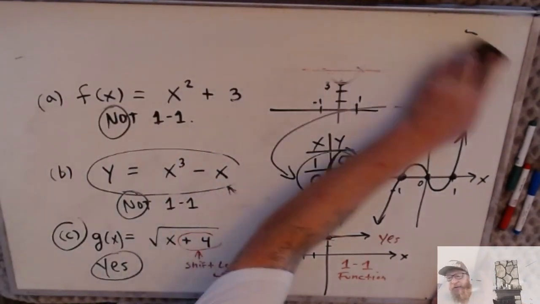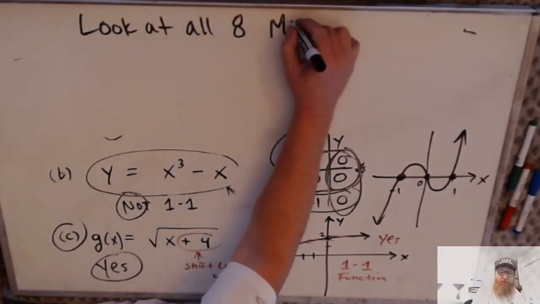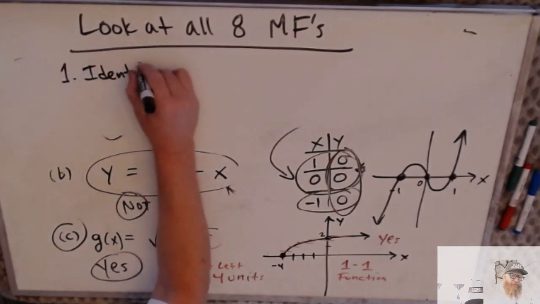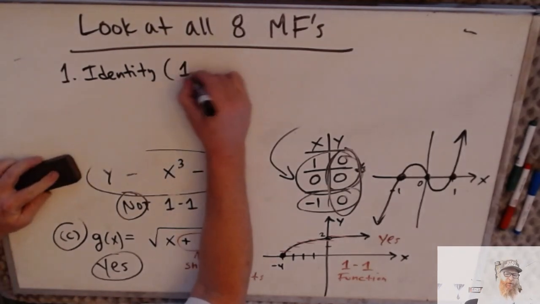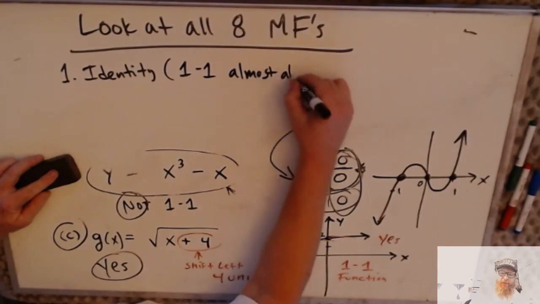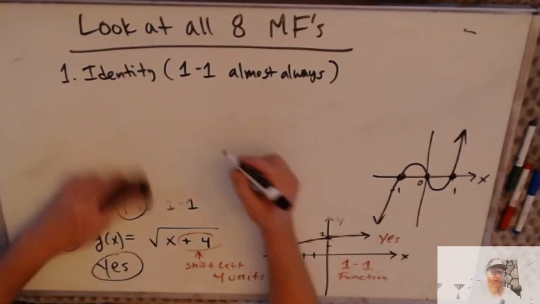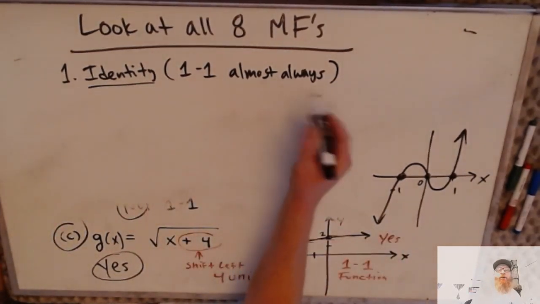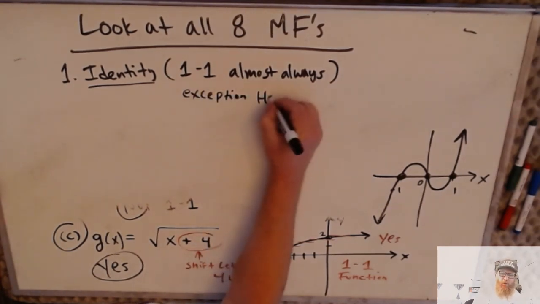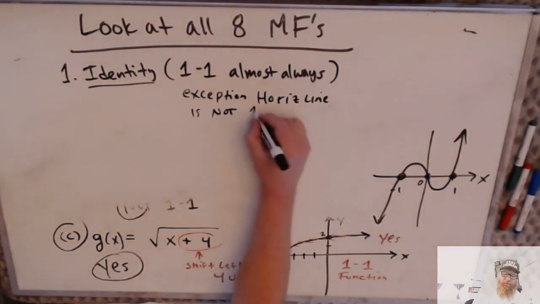Going back to the mother functions, identity is one-to-one almost always. There's only one exception. The exception would be a horizontal line, which is not one-to-one.